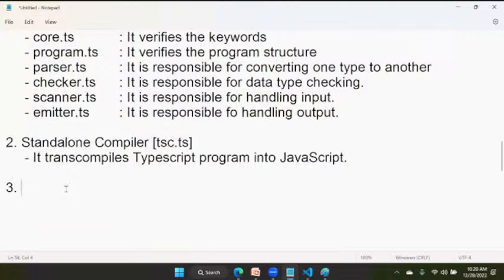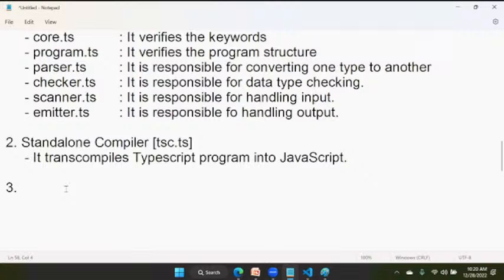What is the purpose of the standalone compiler? Translating TypeScript into JavaScript. That means it runs only on that machine. In whichever machine you installed it, it will work there. I hope you know, you are software programmers. You know standalone applications, right? It is common basic knowledge.